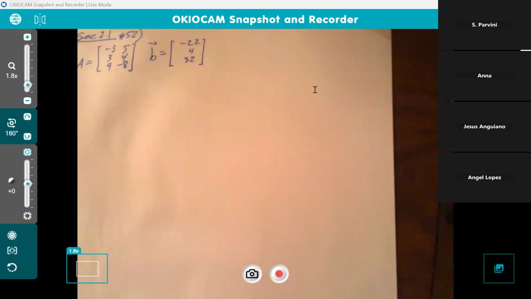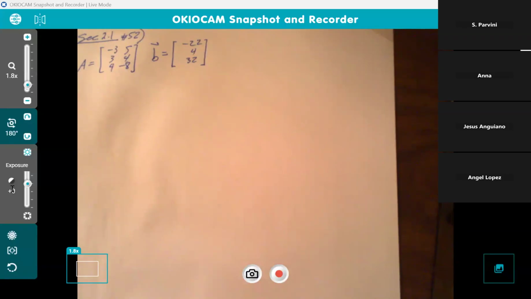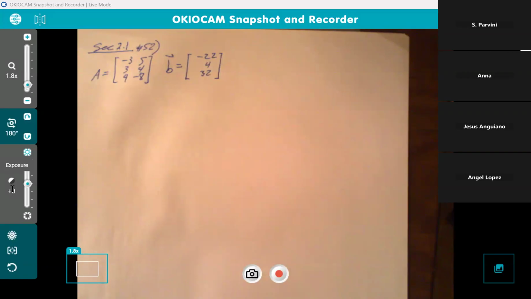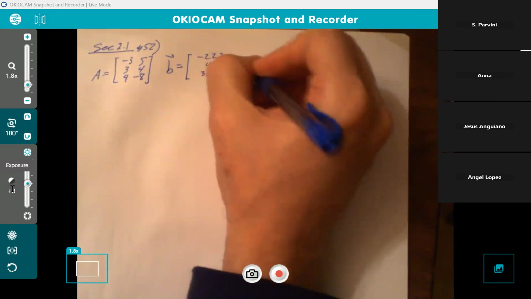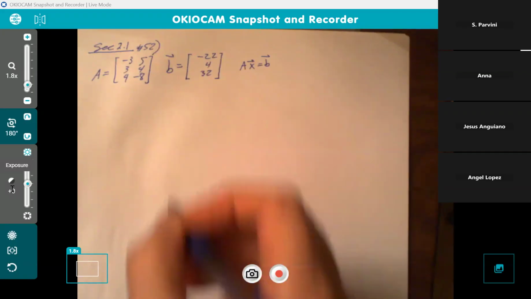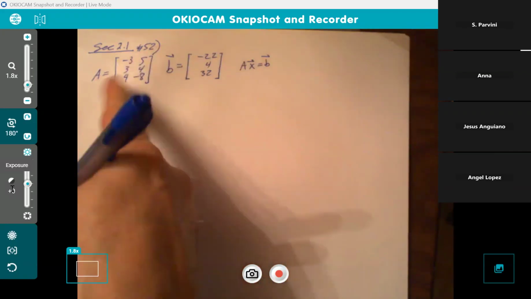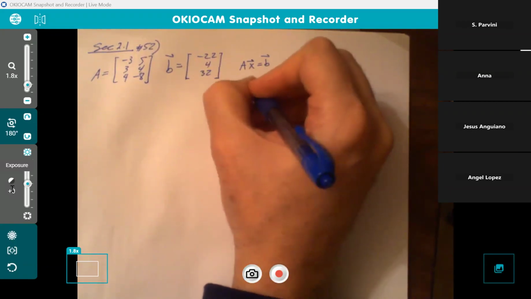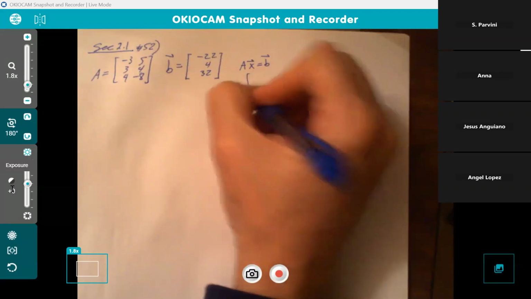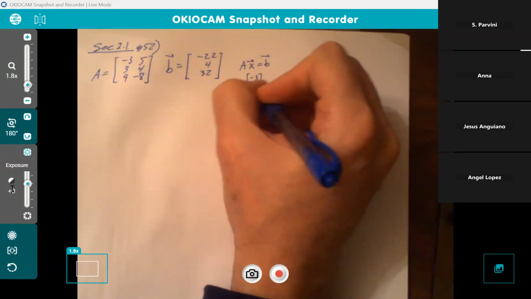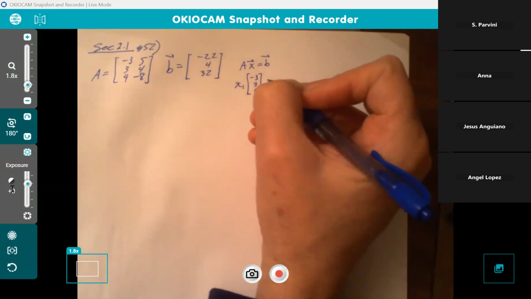All right, so this is what I just did. I rewrote what was on that page. I wrote it on my paper. Now, what we want to do with this one is the following. We said AX is equal to B, right? And what was AX? Remember, these are columns of A. So AX means X1 times A1, which is -3, 3, 4, right?